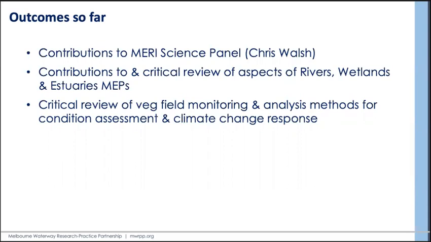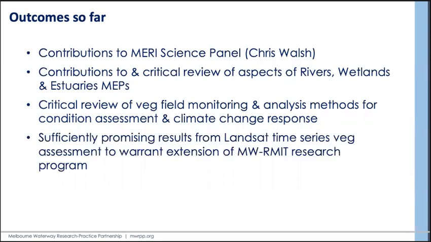So this is, in addition, a field program that complements the remote sensing work, and sufficiently promising results from the Landsat time series vegetation assessment to warrant extension of the Melbourne Water RMIT research program.